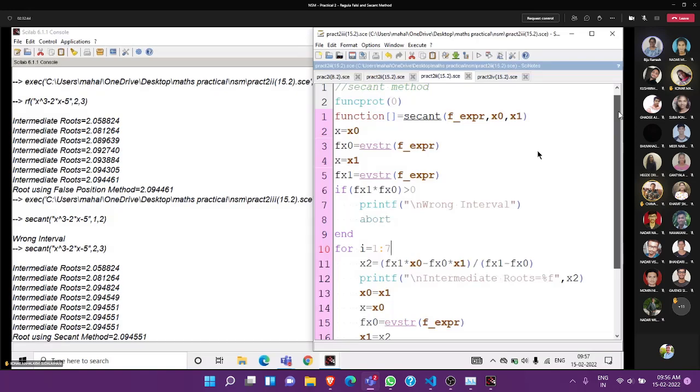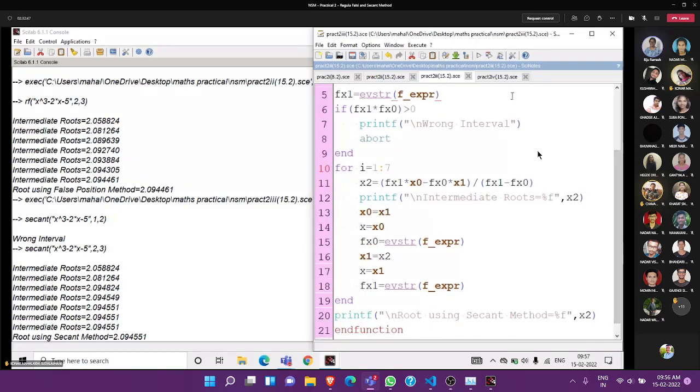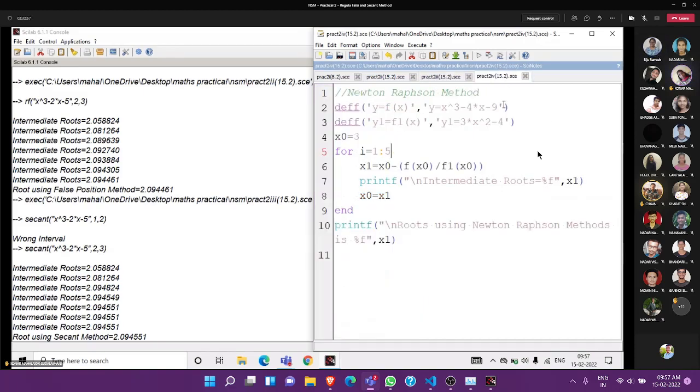Okay, fine. Show the for loop always, please. Okay, ma'am. x is equal to x0, x1 is equal to x2. Okay, fine. Next. That's it. Okay, fine.